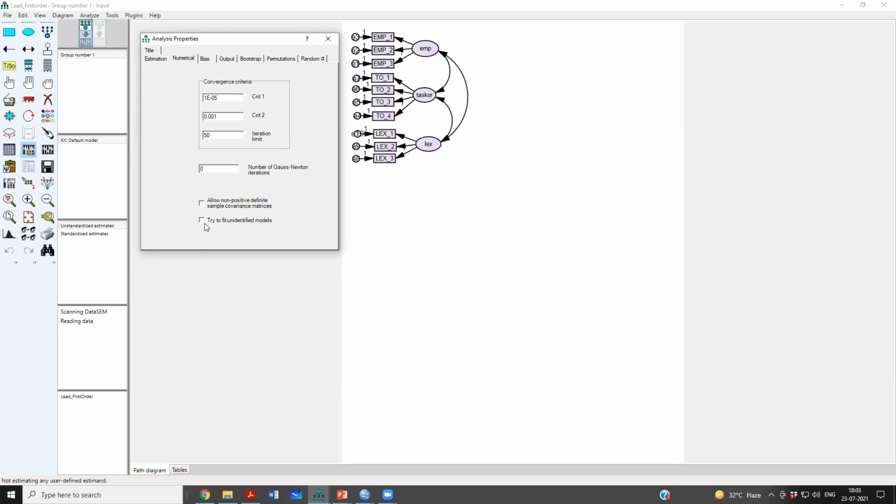If you get any identification problems, you should try to resolve it yourself rather than forcing the tool to resolve it. But in that case, this is an under identified model, right? Yeah, it should be under identified. Actually, in some books, I have read to click this in case of an unidentified model. That's why I asked. Thank you so much.